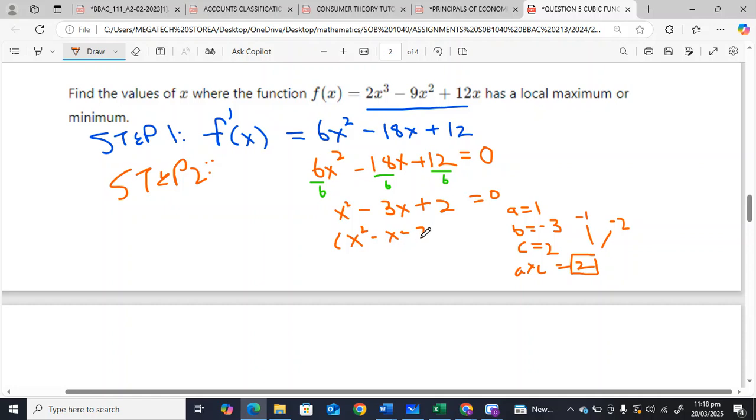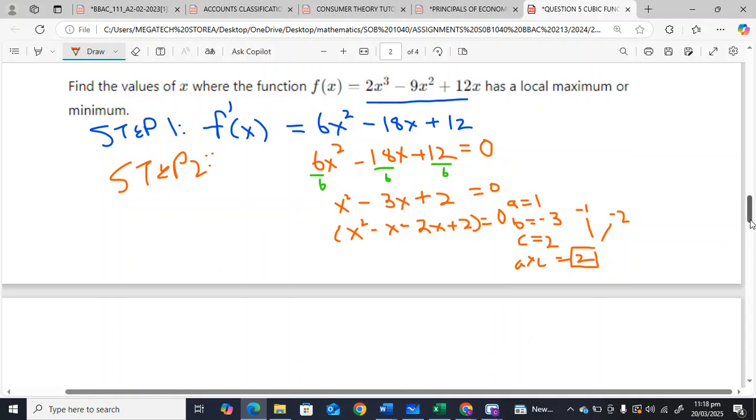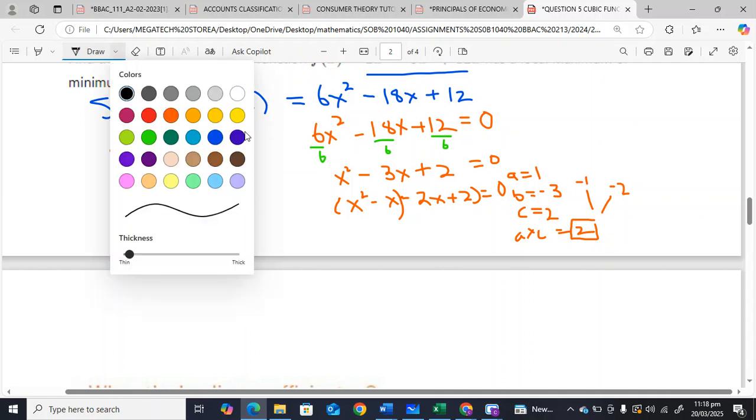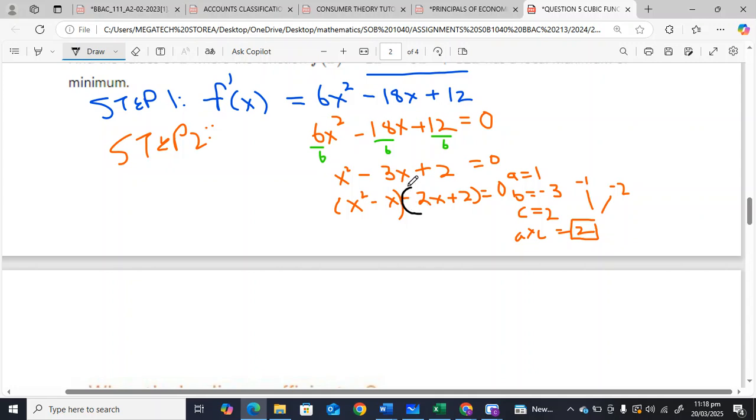Let's write the full expression first. The common factor between x squared minus.